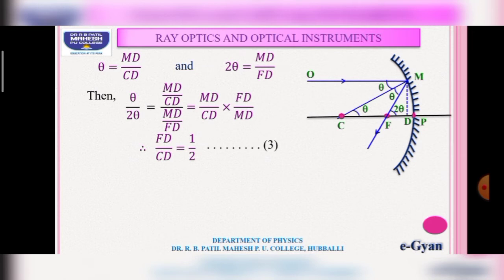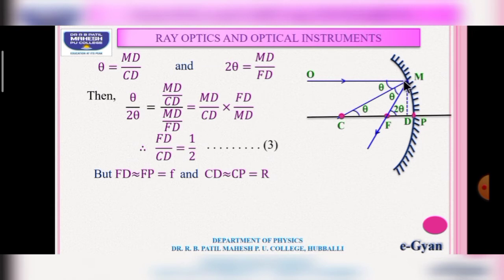Now from the diagram it is known that FD is approximately equal to FP. Why is it approximately equal to FP?